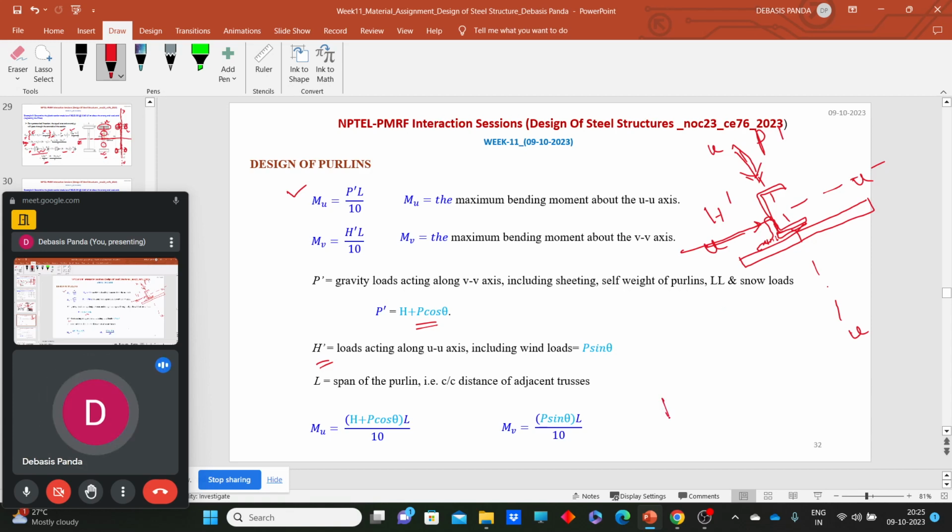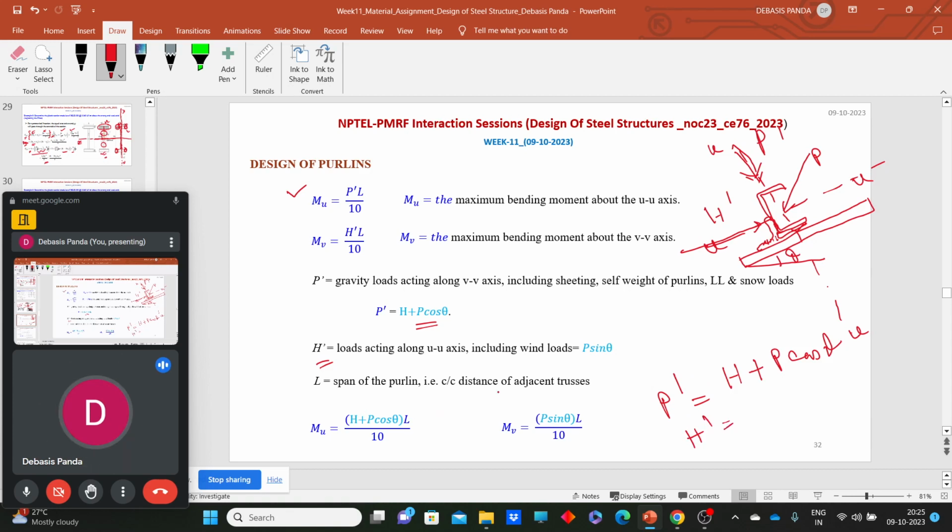So P dash is equal to H, the horizontal load due to wind, plus P cos theta. What is theta? The inclination angle of the rafter or the roof. So here we can see this is P. If this is theta, then obviously this will be theta, and subsequently we can calculate the value of P dash and H dash.